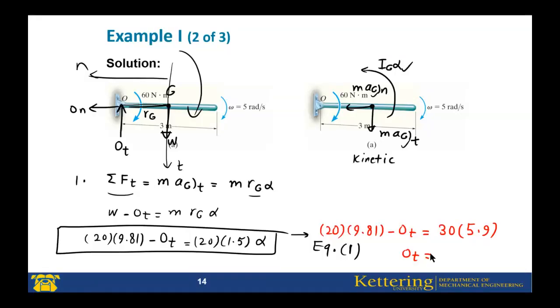Let me calculate. 30 multiplied by 9 and minus. OT will be 19.2 Newton. This is another answer.